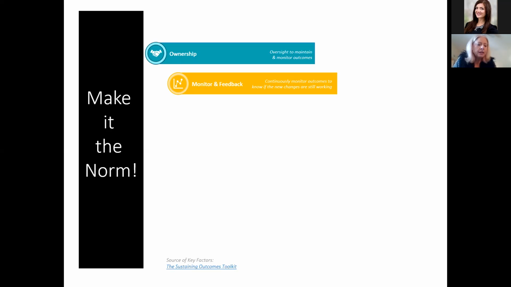Next is monitoring and feedback. So continuously looking at those outcomes to make sure, if new changes needed to be added, is all still working? Are staff still satisfied with the process? How do our clients feel? Is the workflow still working?